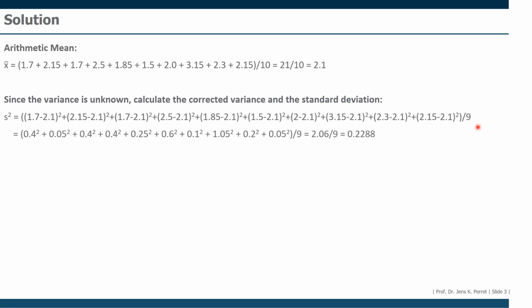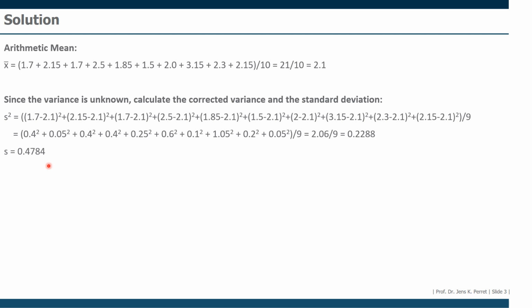If we do all this, in the end we get to a value of 0.2288. So that's our variance. But we do not need the variance, we need the standard deviation. So we're going to take the square root of this, which yields us a standard deviation of 0.4784. That's actually what we're going to need for our interval.